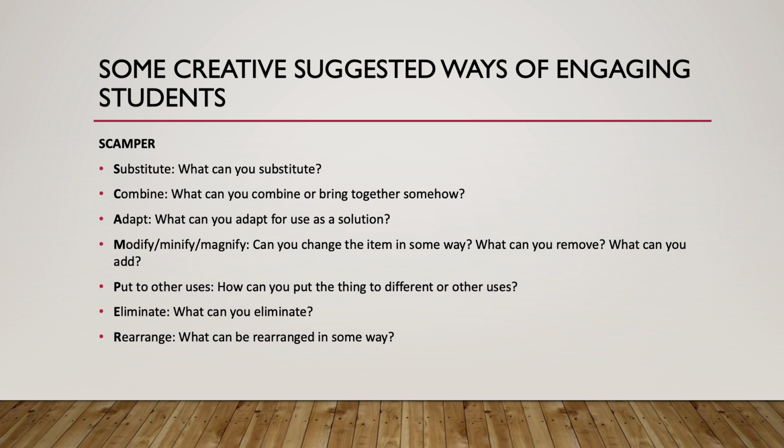And the S stands for substitute. If you are given a scenario to solve and we give you a specific method to approach that scenario, then you want to ask yourself, what can you substitute?